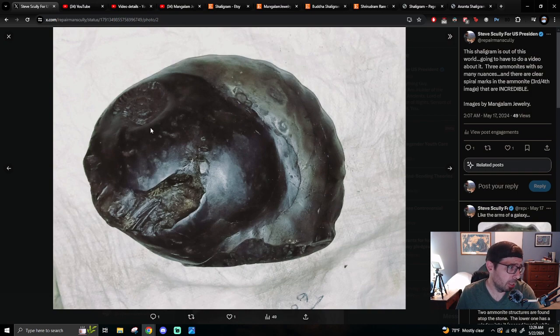So again, let's say this negative extends further into a larger ammonite structure over here, this thing abruptly ends, and then underneath it is a chakra.